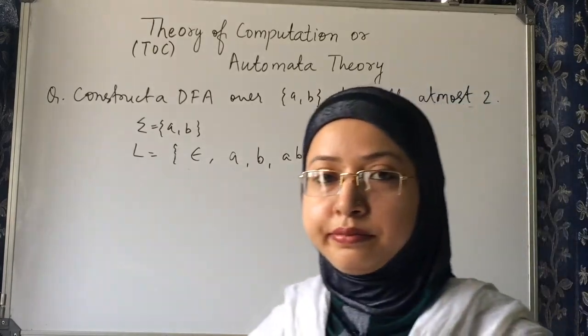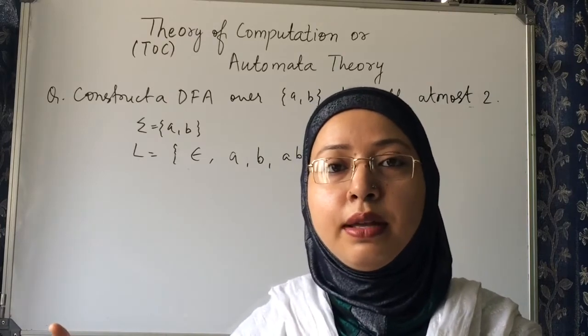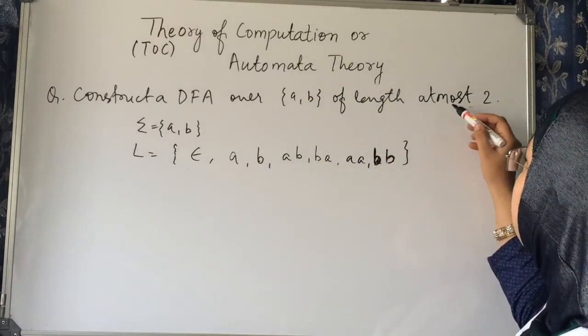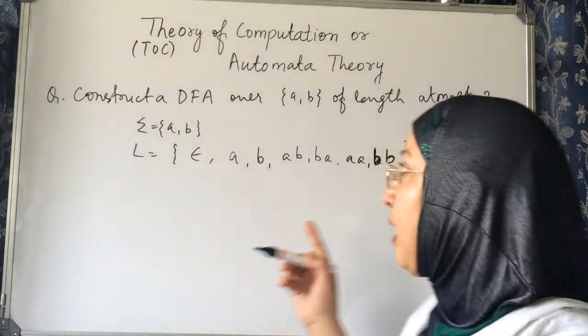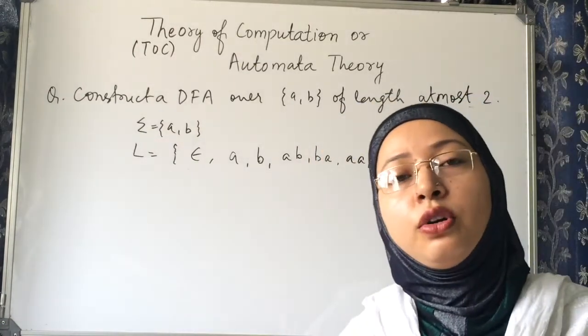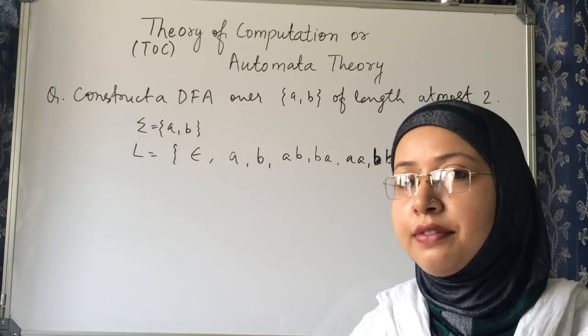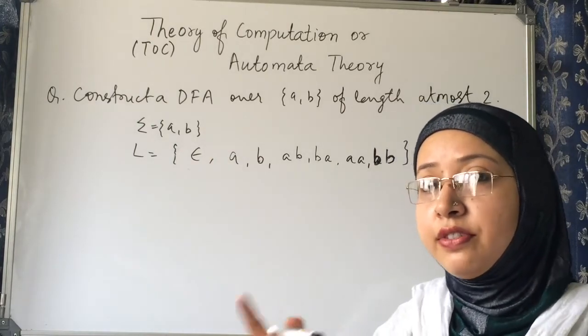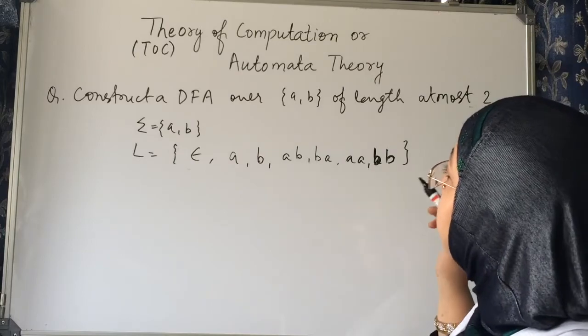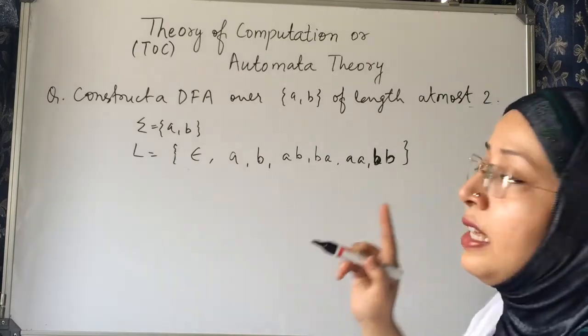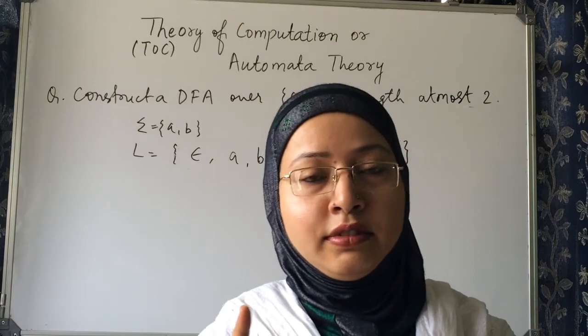Only this much. In the previous question where it was given that at least 2, the language was infinite, but here the language is finite. I had told you the difference between finite language and infinite language, and in the first question what I had given you was that length should be just 2.